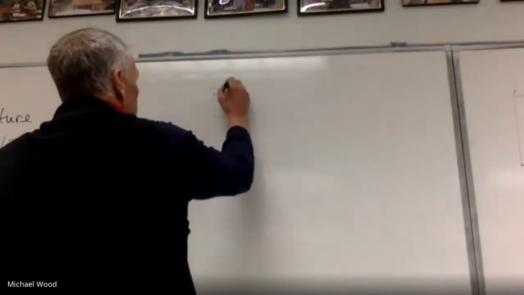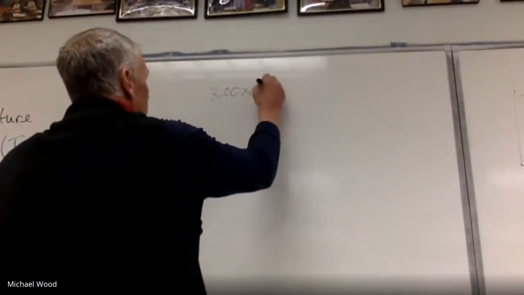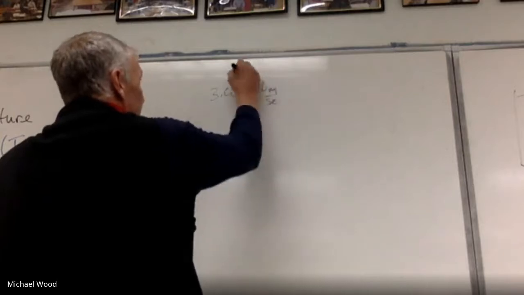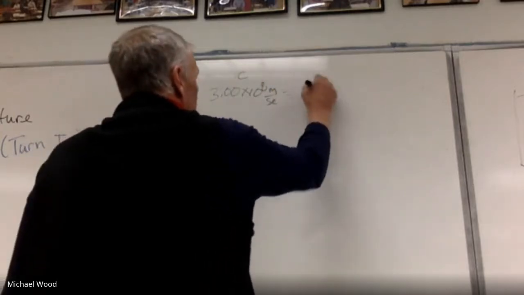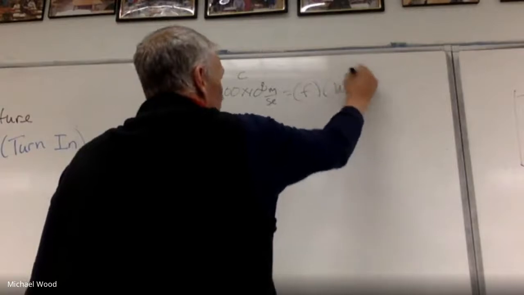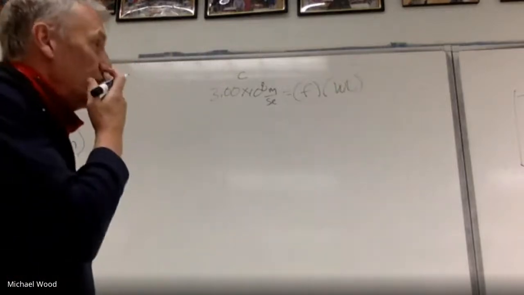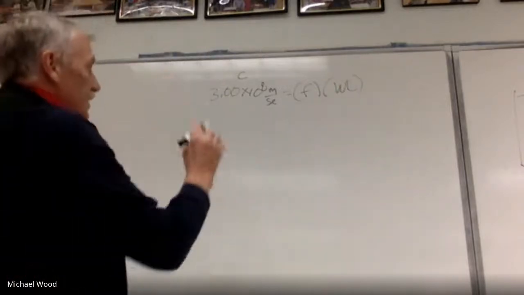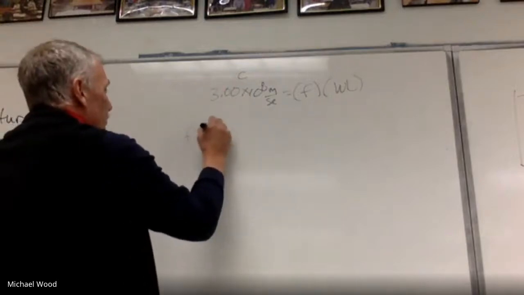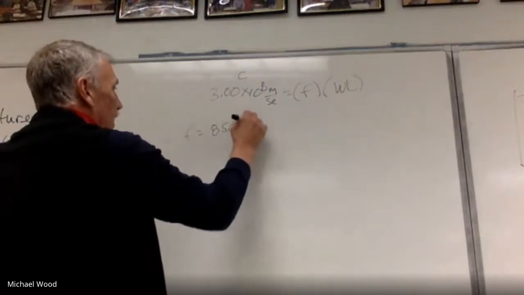Okay, now over here, I'm going to do the AM radio signal. So I'm going to use the same equation: 3.00 times 10 to the 8 meters per second. That's c, and it's equal to frequency times wavelength. Well, we are told that the frequency is 850 kHz.